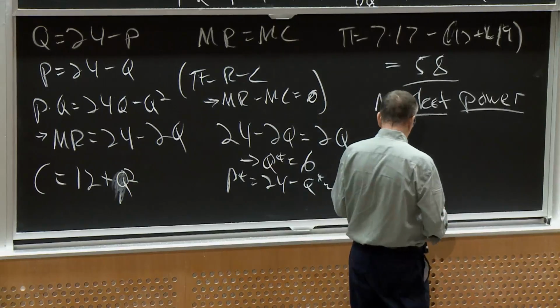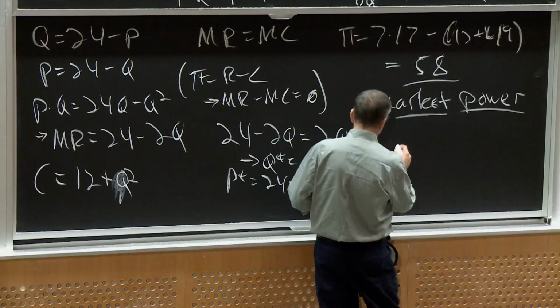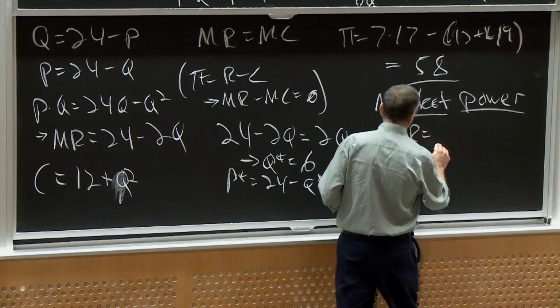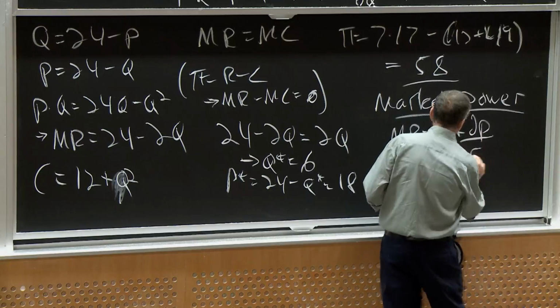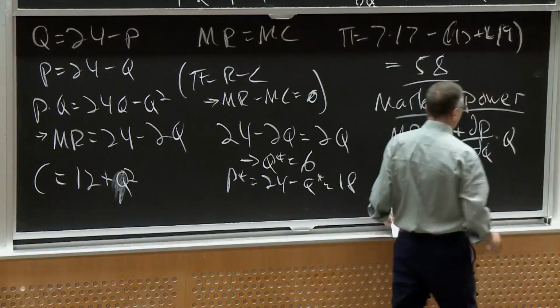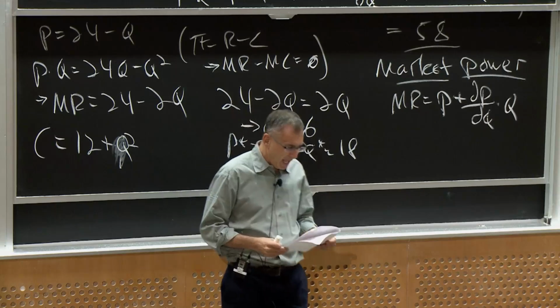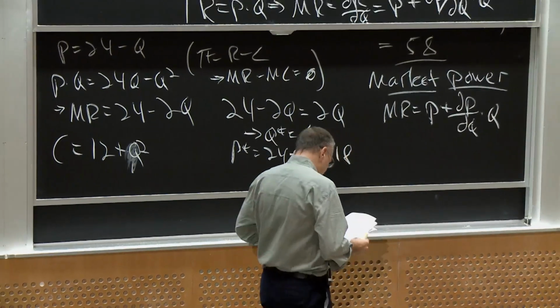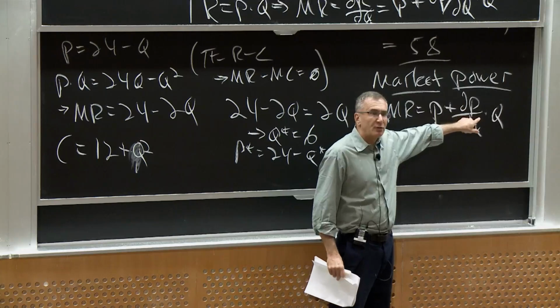the marginal revenue expression. So marginal revenue equals P plus dP/dQ times Q. Now, take that equation and take the second term and multiply and divide by price.